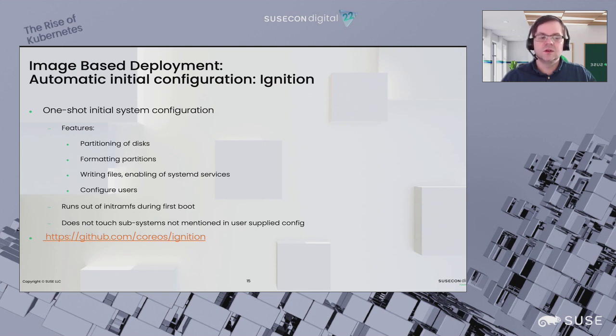It does not set any pre-configured values for configuration files or options that you do not set in your Ignition configuration. If you're interested to learn more about Ignition, please take a look at the project upstream page that I've listed here for you, or take a look at the SLE Micro documentation that provides guidance on how to create the Ignition file and how to deploy the pre-configured images of SLE Micro using Ignition.